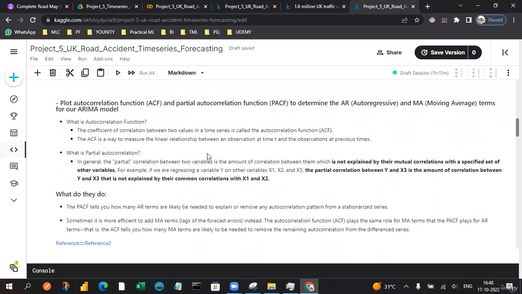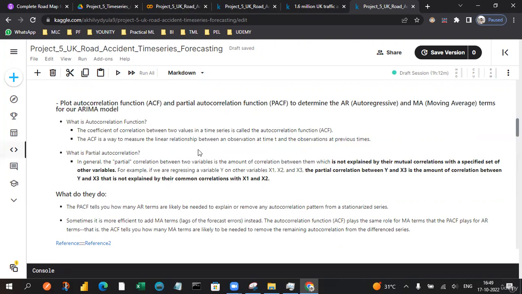Those of you who don't know about the autocorrelation function, which we already discussed in previous classes, I'm just going to add some results to conclude with the corresponding SARIMA model we had. The autocorrelation function is the coefficient of correlation between two different values in the time series. It is measured as a linear relationship between the observation at time t and the observations at previous times.